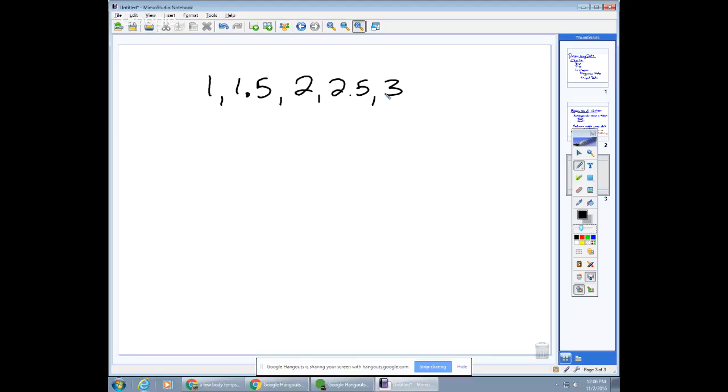I'm just writing them this way to make it easier. I have 5 numbers here. What's the median? Well, the numbers are in order, and I have 1, 2, 3, 4, 5 of them. So the middle number, 2, is my median.